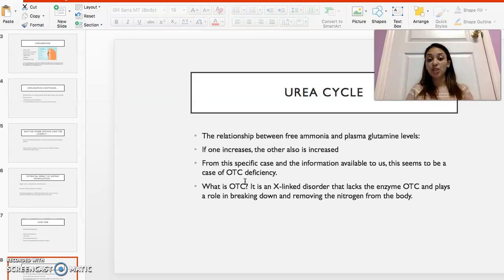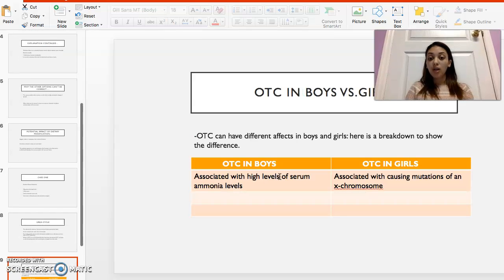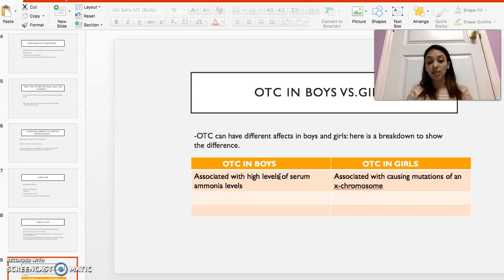The relationship between free ammonia and plasma glutamine levels in the urea cycle is that if one increases, the other also increases. From the information provided to us, this seems to be a case of OTC deficiency. OTC is an X-linked disorder that lacks the enzyme OTC, which plays a role in breaking down and removing nitrogen from the body. OTC can differ from boys to girls.